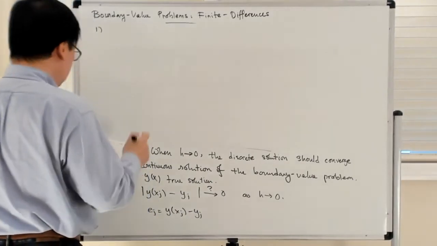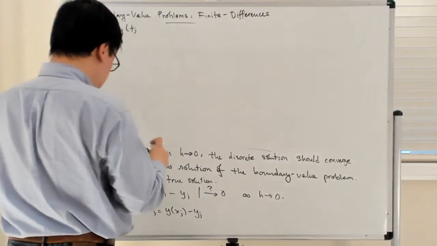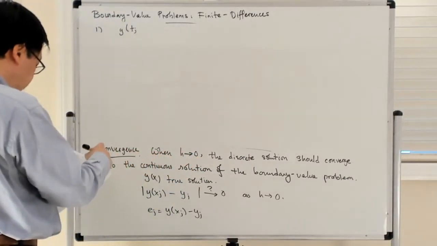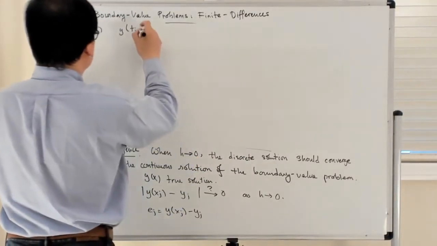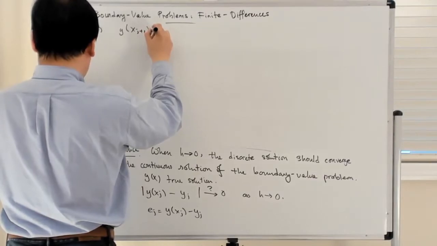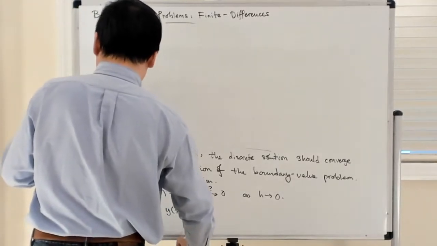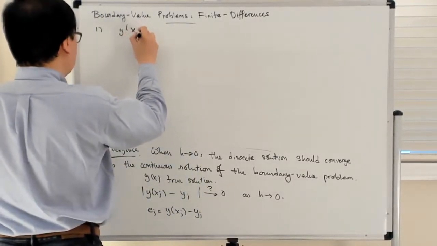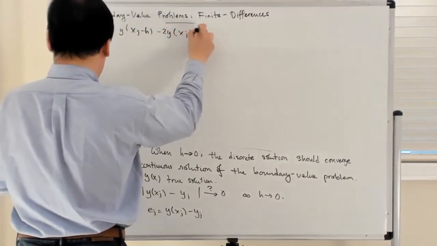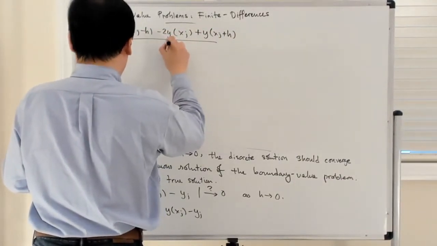Okay, so you have y at xj. Let me just write this as y at xj minus h, minus 2y at xj, plus y at xj plus h, over h squared.